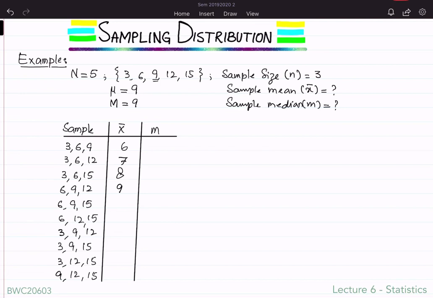Then 6 plus 9 plus 15 divided by 3 is 10. Then 6 plus 12 plus 15 divided by 3 is 11.